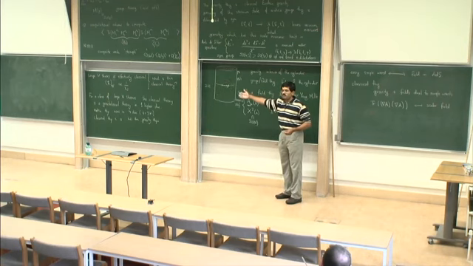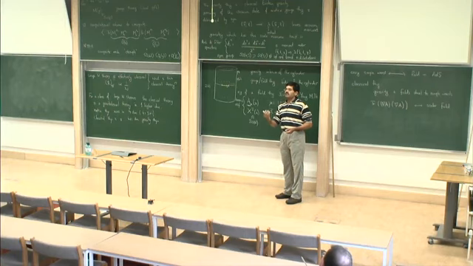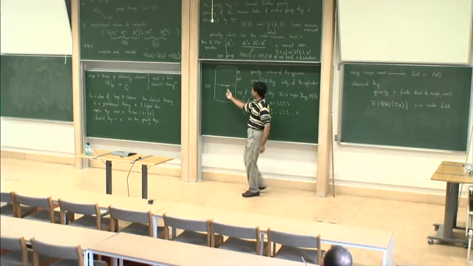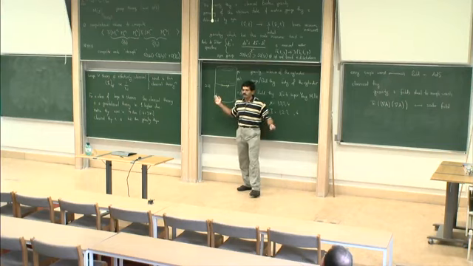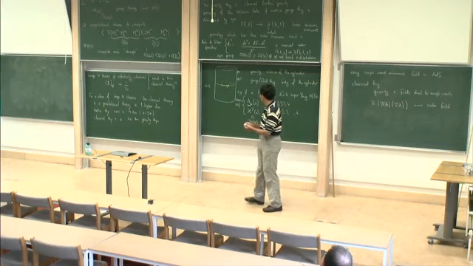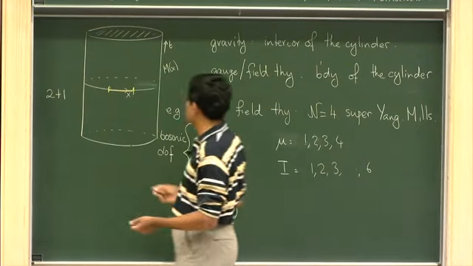Now I'm asking a much more detailed question. Can I encode the information about the entanglement that's there in the vacuum state in this geometric picture? Okay. So yeah, the answer is either yes or no, and we wouldn't be here if the answer was no.